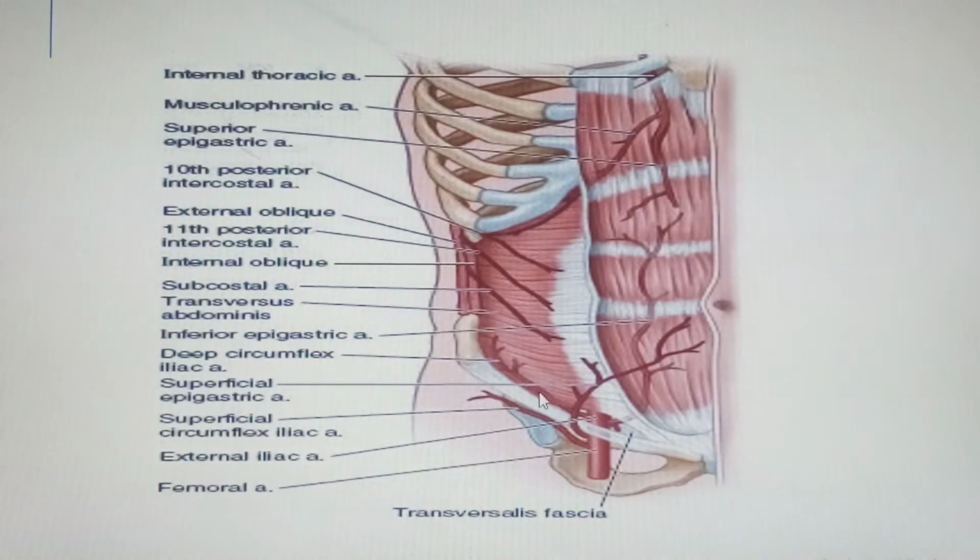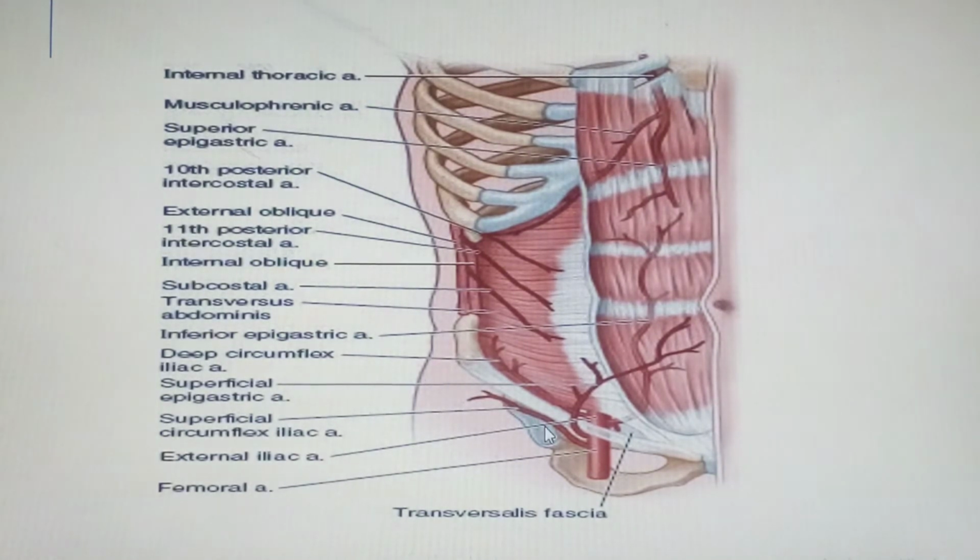Now below this inguinal ligament, we are going to have the femoral artery. The name of the artery has changed from common iliac artery, external iliac artery, to femoral artery, and it gives off branches. Let me show you this artery, because it's running external or outer to the inguinal ligament.